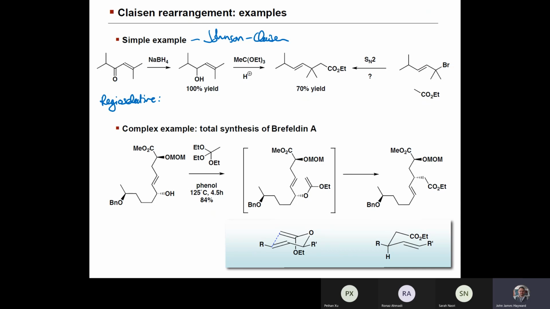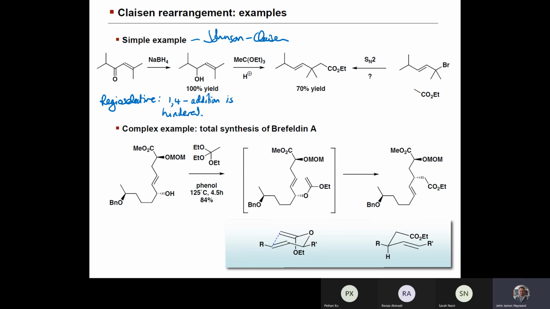And it is regioselective because 1,4 addition is hindered because you've got those methyl groups. So we get regioselectivity for our first reduction.